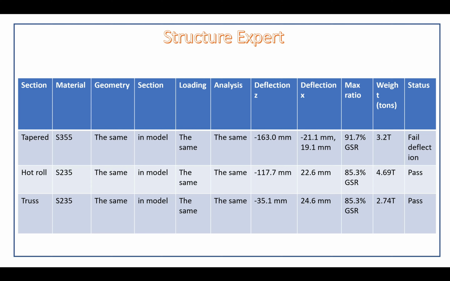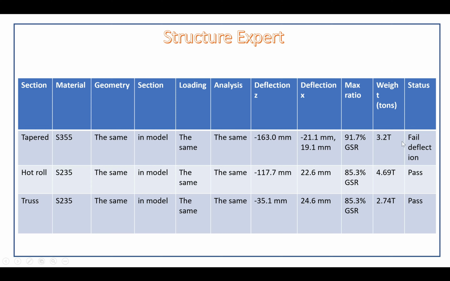You see here the total weight of the frame. For the taper, the total weight is 3.2 tons, for the hot glue it is 4.69 tons, and for the truss it is 2.74 tons. In the comparison, the unit weight of truss is smaller than the other two types, and the design control by deflection is very good.